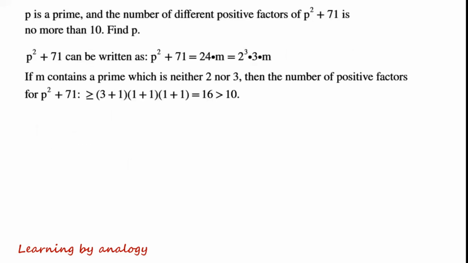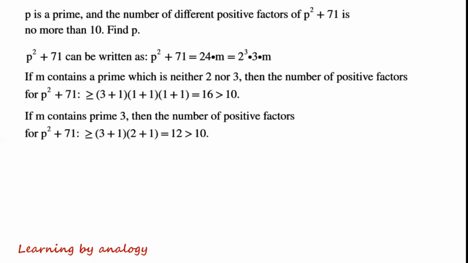If m contains a prime which is neither 2 nor 3, then the number of positive factors for p squared plus 71 is greater than or equal to 3 plus 1 times 1 plus 1 times 1 plus 1, which is equal to 16, which is greater than 10.